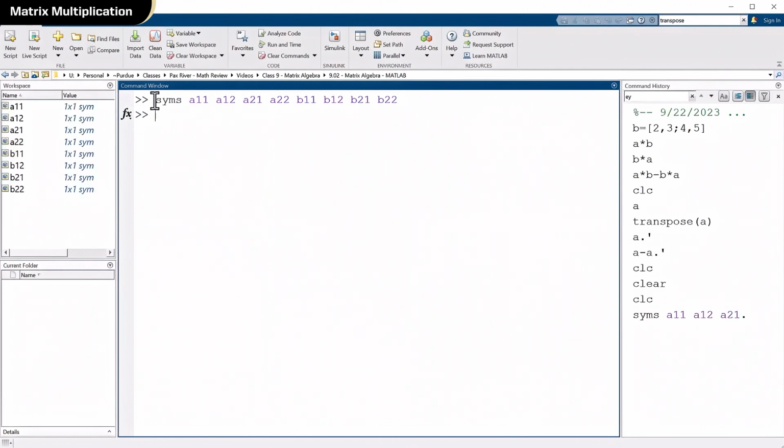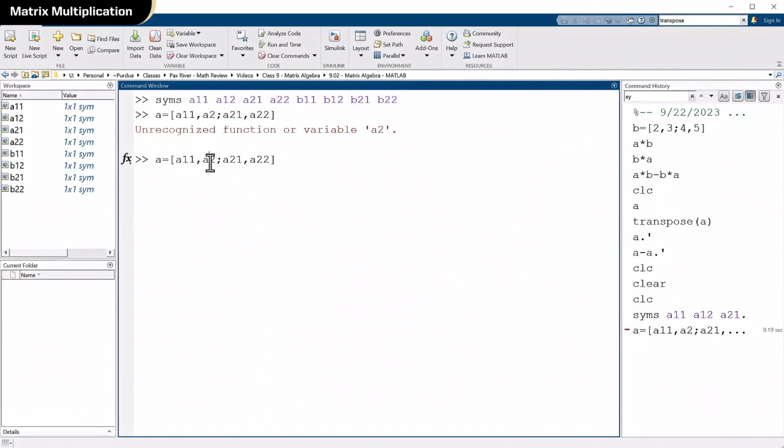So I've defined a whole bunch of symbolic variables there, and I'm going to go ahead and make an A matrix. You can see I mistyped right there, so let's fix that. There we go.